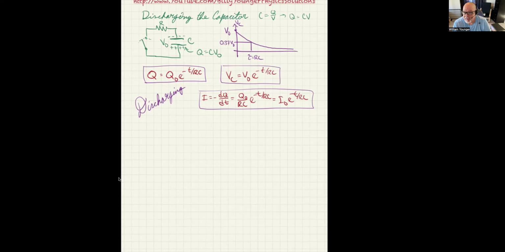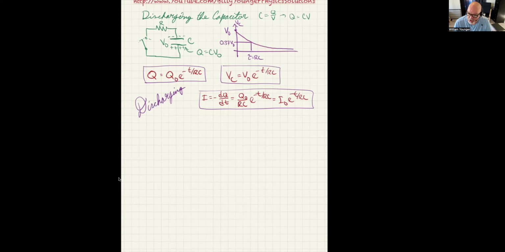If it happened to be the same circuit we were dealing with before, we know exactly what V0 is. In fact, V0 would have been exactly equal to the EMF that we used to charge it up. So if we had used a 12-volt battery in the previous part of charging the capacitor, then the voltage for this capacitor would start off at 12 volts, and we'd call that V0, and we expect it to exponentially decay, as we see from this graph.